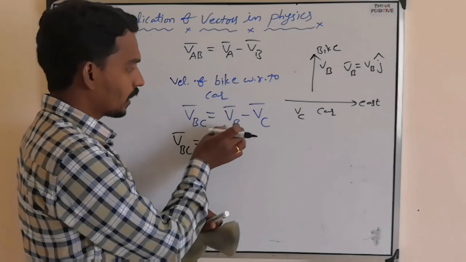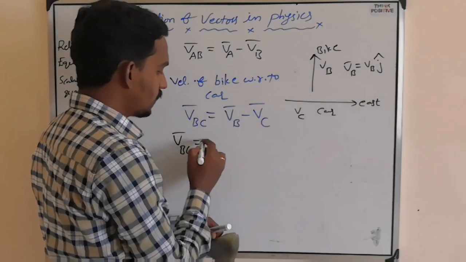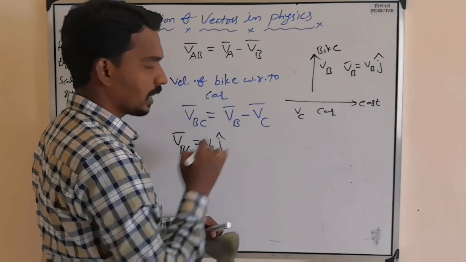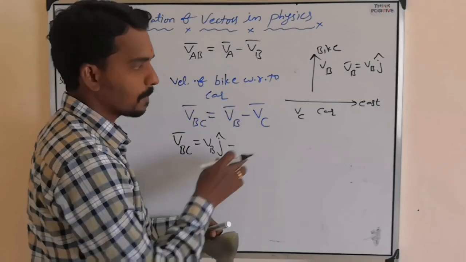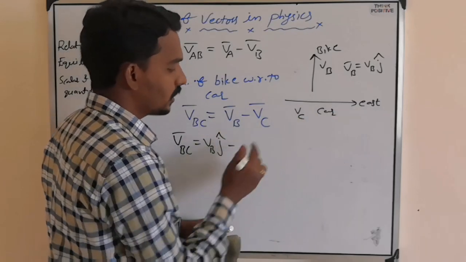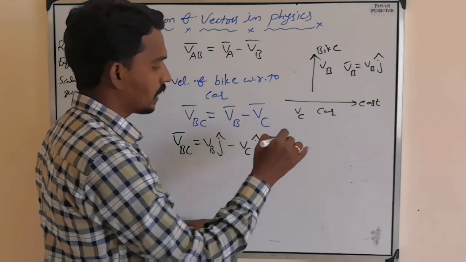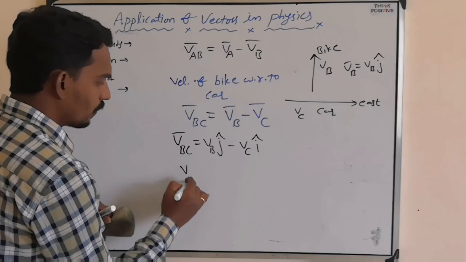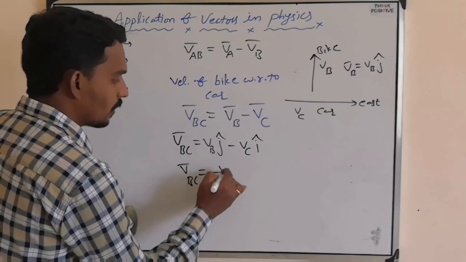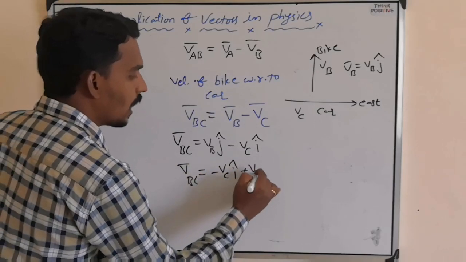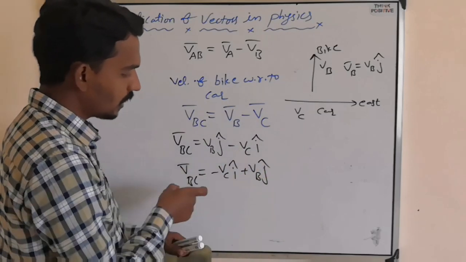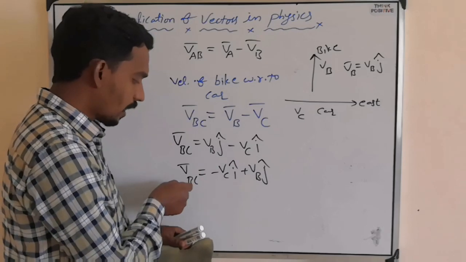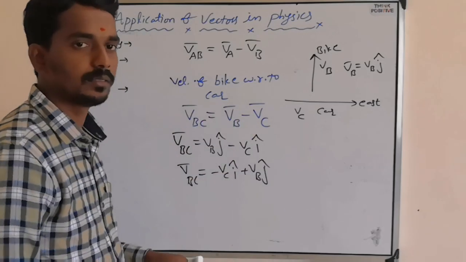Similar way, if you consider VB bar is VB J cap, now minus VC bar. VC bar is towards east, so VC I cap. So VBC is minus VC I cap plus VB J cap. This is the relative velocity of bike with respect to car.